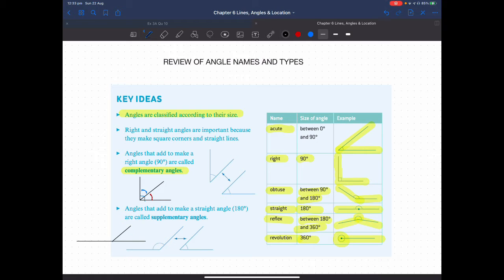In red, I'm going to mark in one angle, and in blue, the other angle. So these two angles will add up to equal 180 degrees. You can see it visually here.